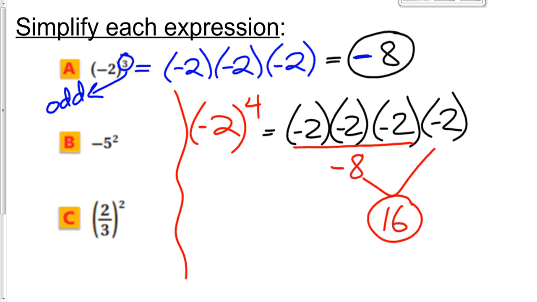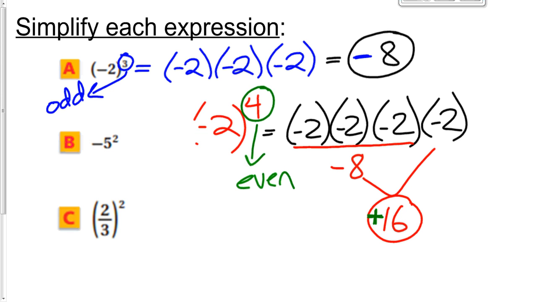Look at the same situation, negative base to the power of 4. This is an even number, and it gave us a positive answer this time. So, for your reference, this can sometimes save you a lot of time. If you have a negative base, and it's raised to an odd power, you're going to get a negative answer.